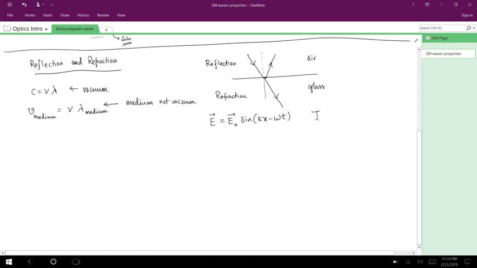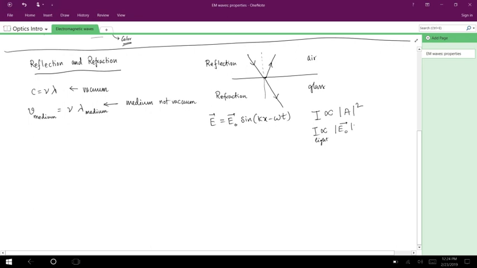And intensity, remember, even for sound, intensity was proportional to the amplitude squared. So similarly here also, for light, intensity is proportional to the electric field squared.